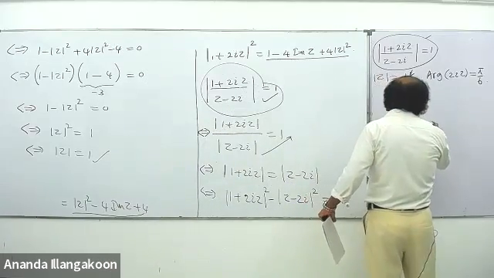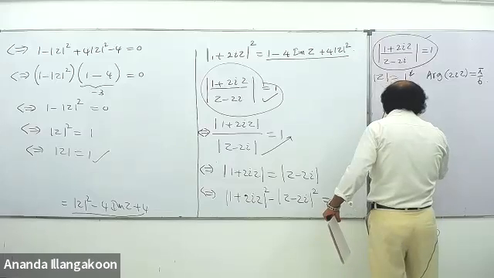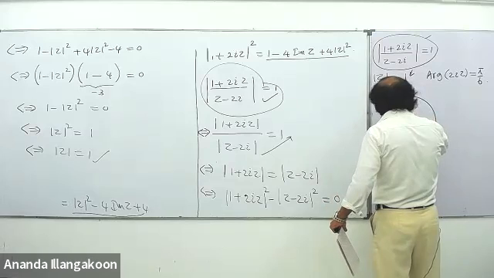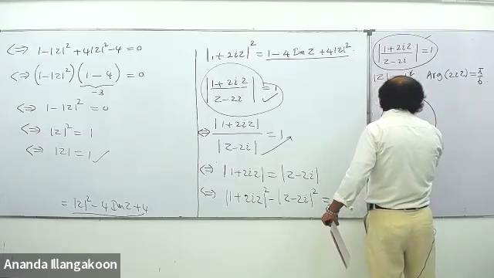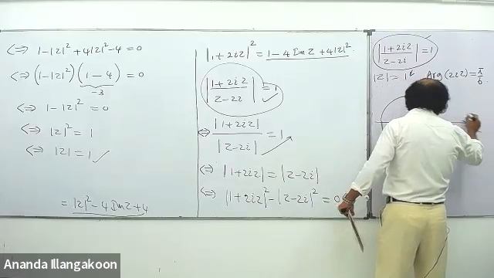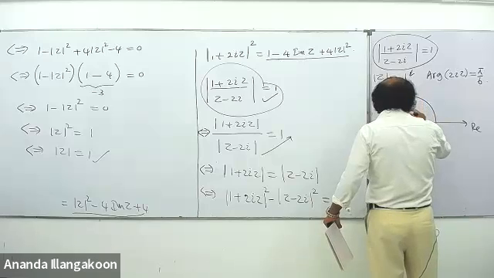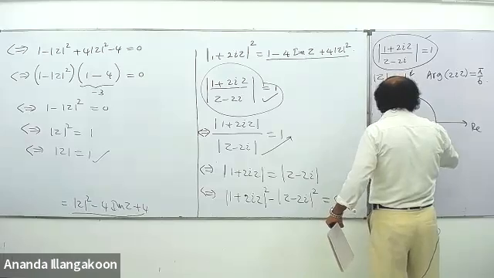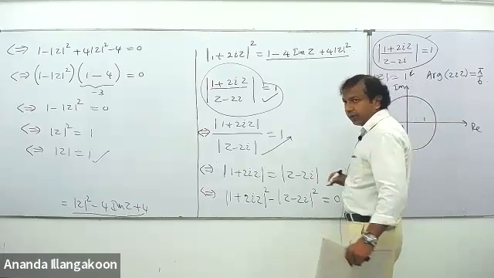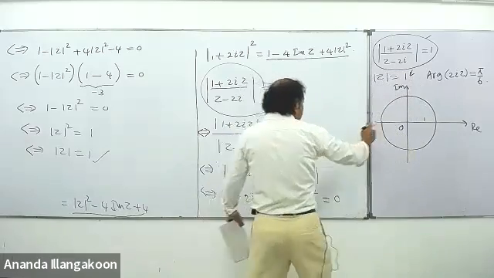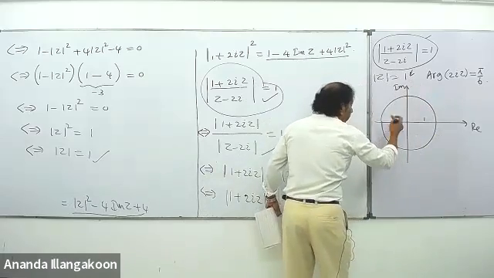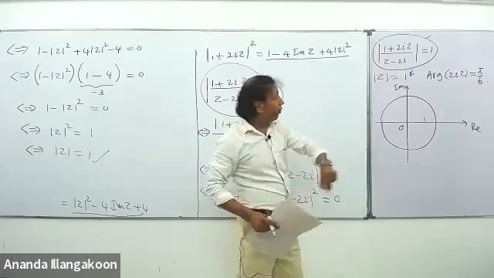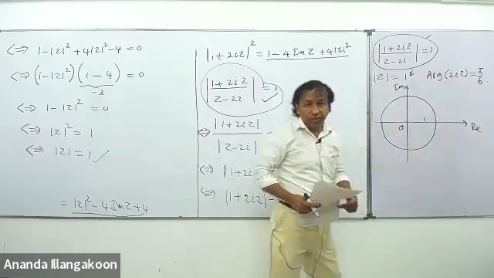This way, this is the real axis, this is the imaginary axis, here the origin, radius is 1. And on this circumference only, that result lies. Now, there are many, no? That result should satisfy this condition also. We'll see how to use that.